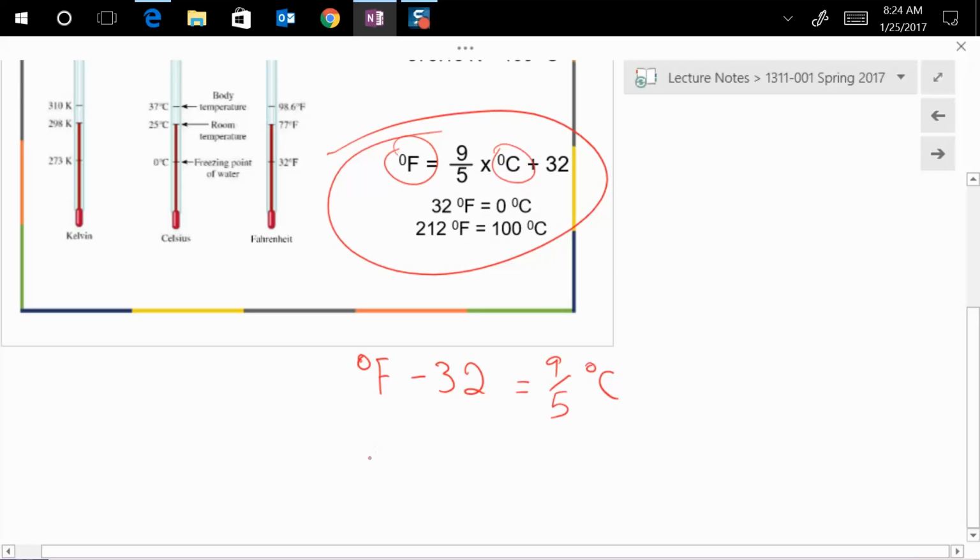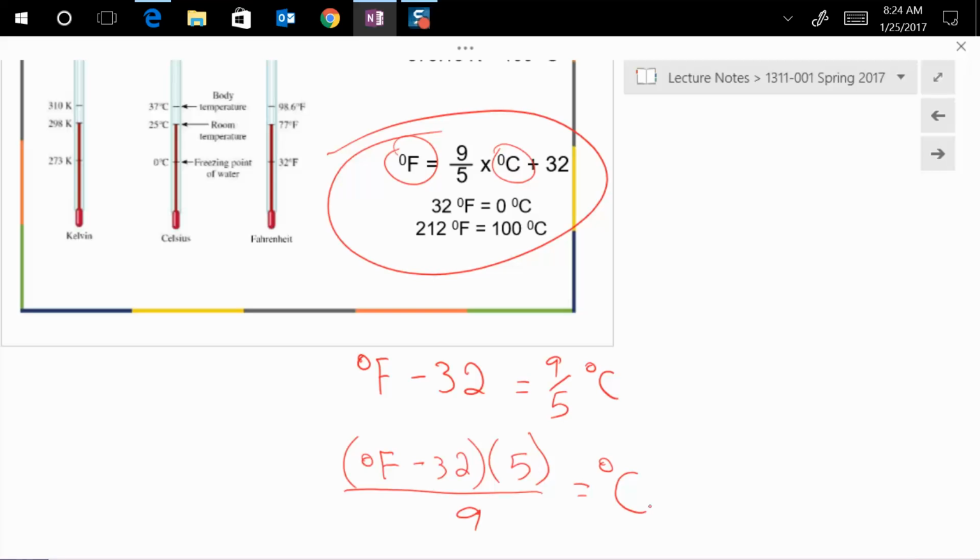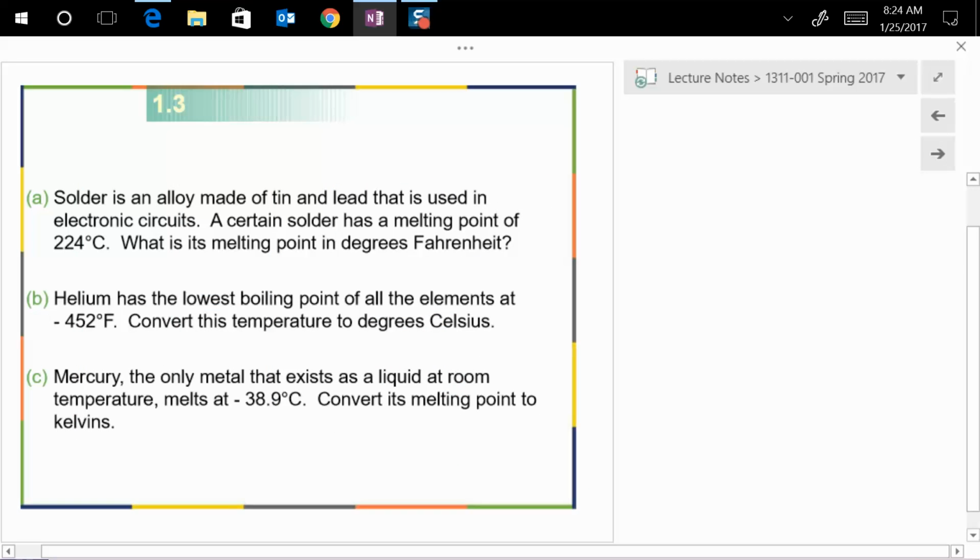And then I can multiply this times 5 and divide it by 9, and that would equal my degrees Celsius. So just know how to go between those, or how to do the algebra there.